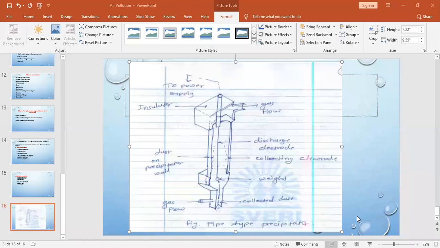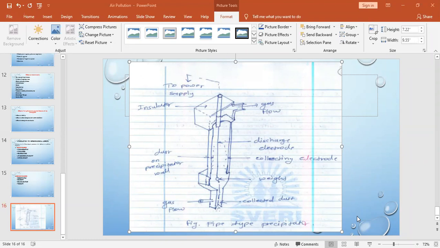Okay, so till now we have studied the settling chamber, then the cyclone separator, then wet scrubbers, different types of wet scrubbers: Venturi scrubber, tray tower, spray tower, cyclone wet scrubber. So various types of scrubbers. Then we have studied one more equipment, the fabric filter.